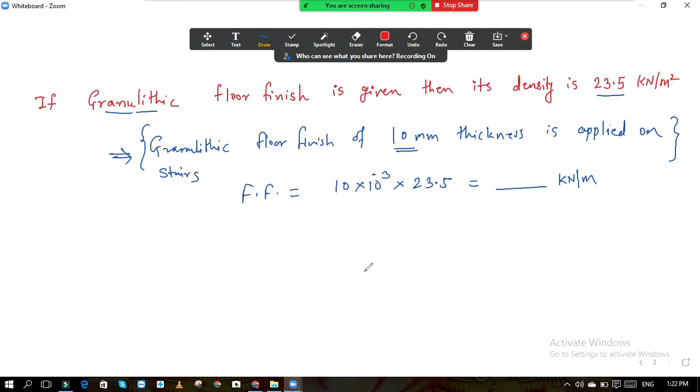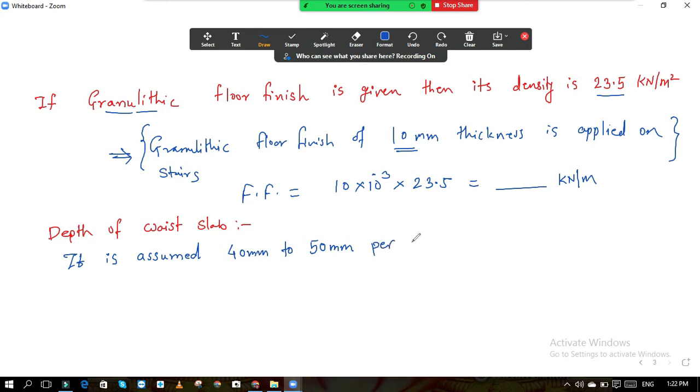Now I will give you the thumb rule for the depth of the waist slab. It is assumed to be 40 mm to 50 mm per meter span.